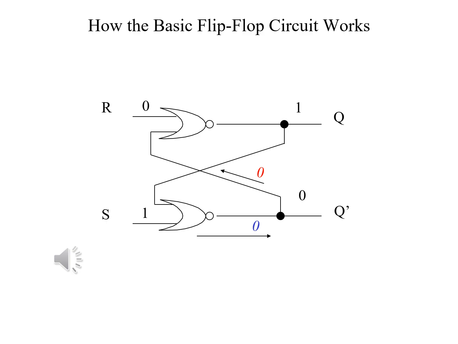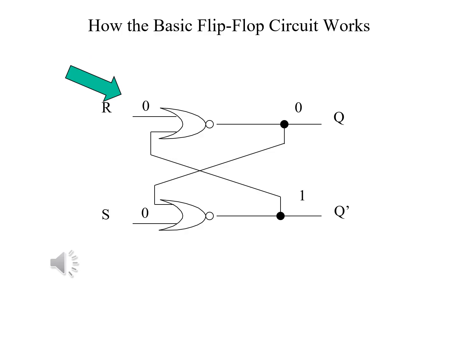And at that NOR gate, it is combined with the 0 of R. The 0 from Q prime is ORed with the 0 from R. 0 or 0 is 0, not 0 is 1. And in this case, it sets Q again to the value of 1.